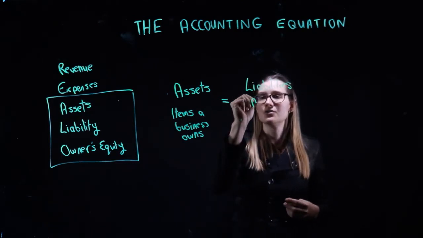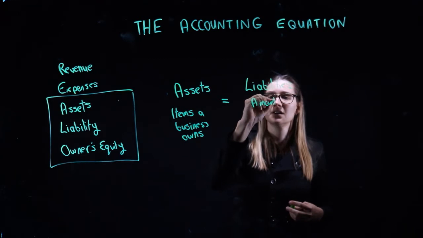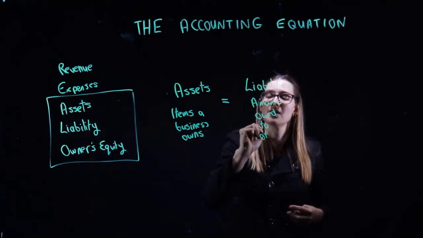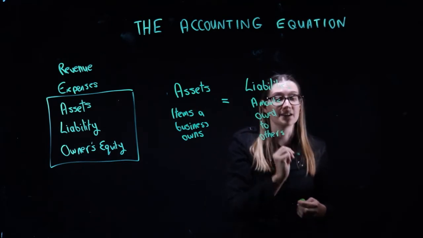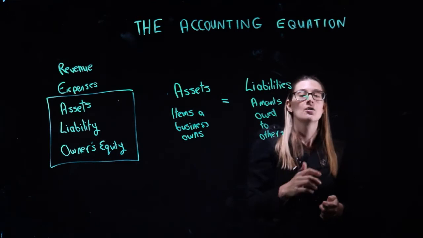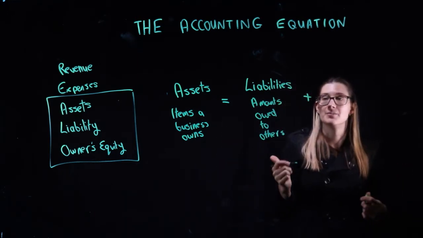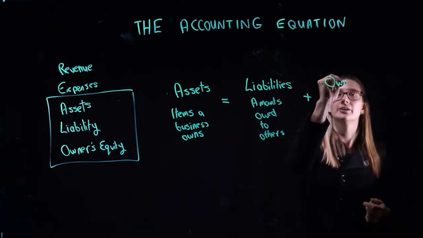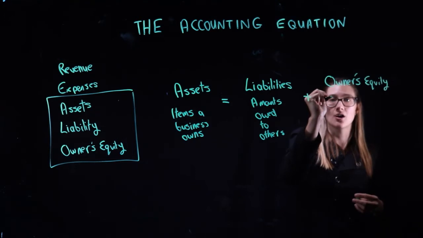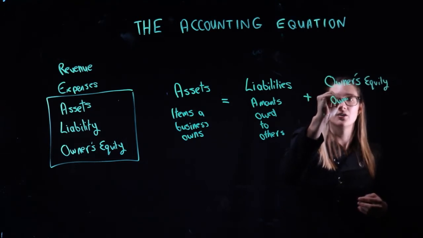This is amounts owed to others, whether that be other businesses or other individuals. Everything you own is equal to what you have borrowed plus what the owner has contributed to the business, plus owner's equity. And this is going to be the owner's contribution, so what the owner has contributed.